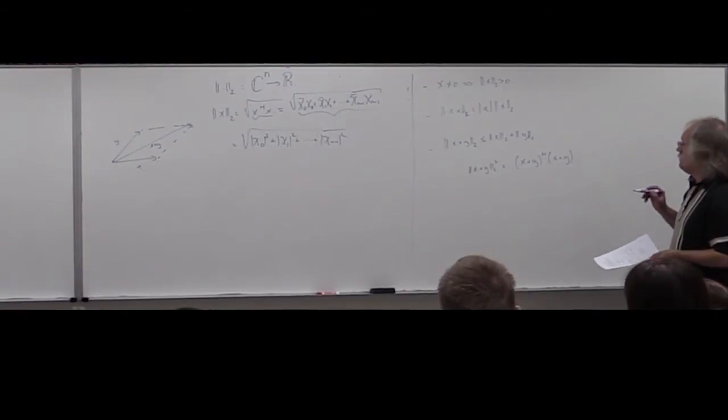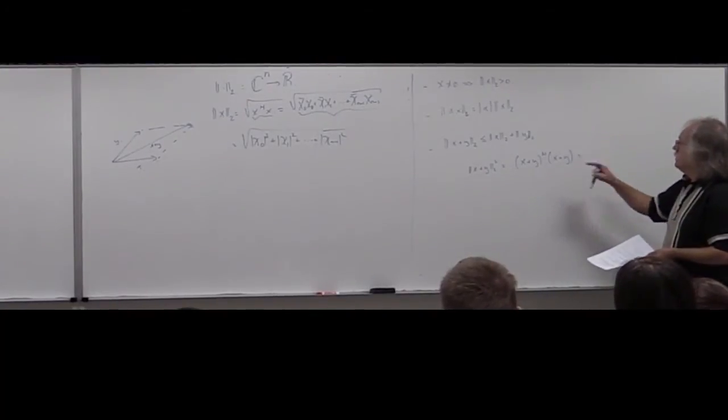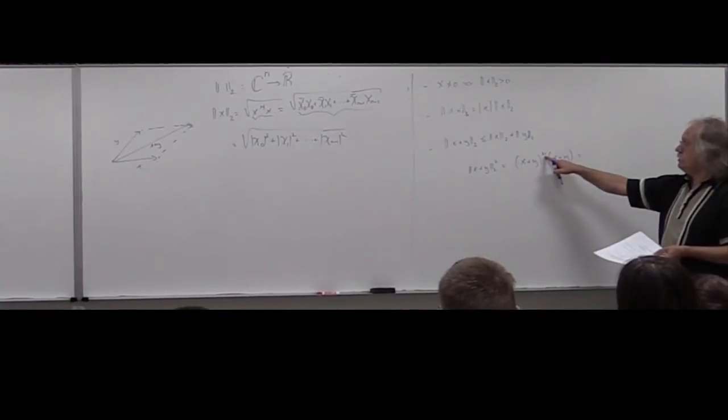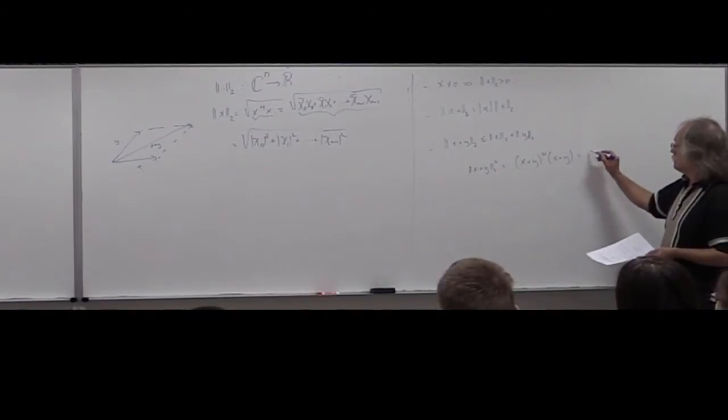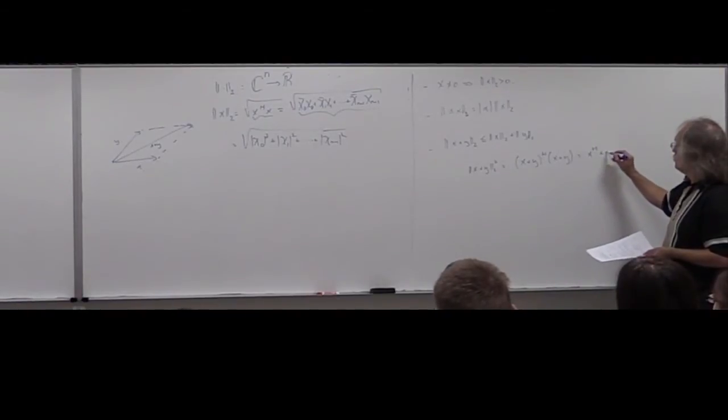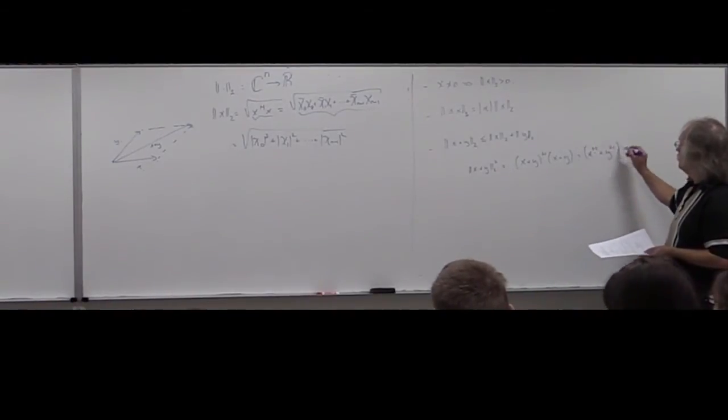Taking the Hermitian transpose of the sum of 2 vectors just means that you take the Hermitian transpose of each of the vectors separately.